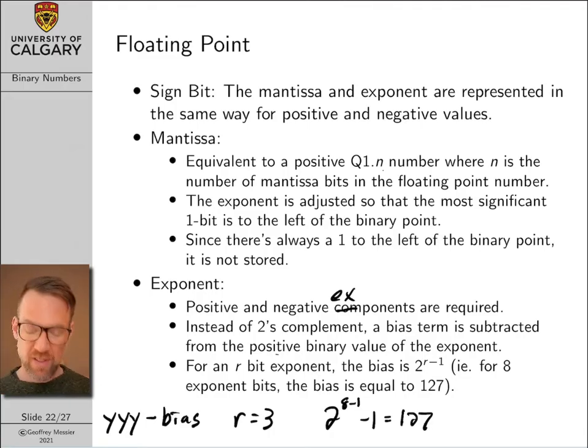If we have 3 exponent bits, we have 2 to the 2, minus 1, or 3. Now, it's hard at this point to understand what this bias term and this fixed point mantissa are, but these are all the general ideas around floating point. What we're going to do next is move into some examples, working with some specific numbers, and hopefully you can see how this all fits together.